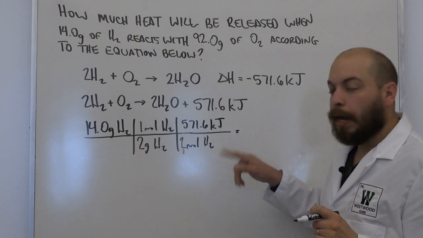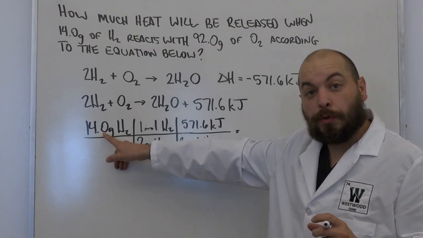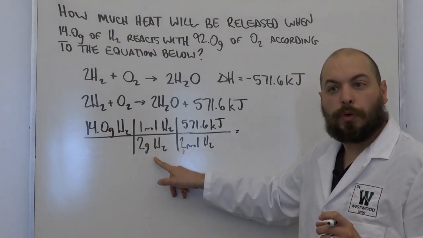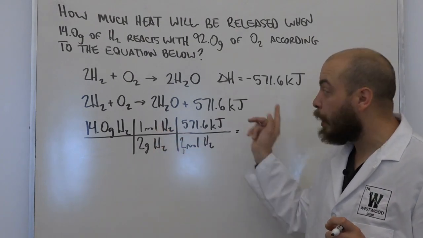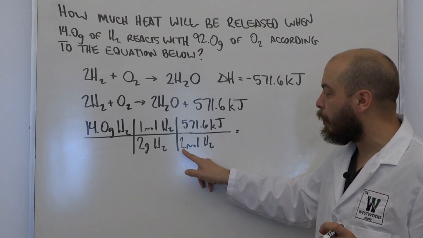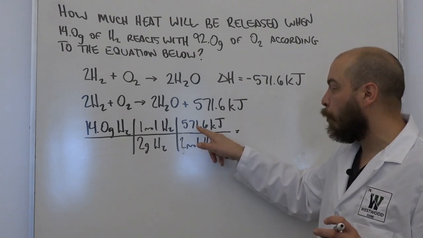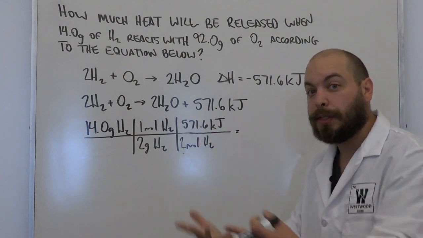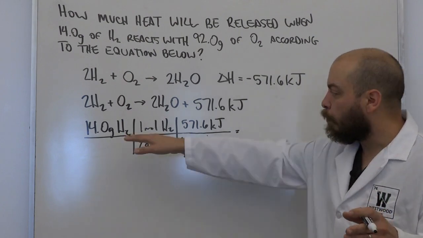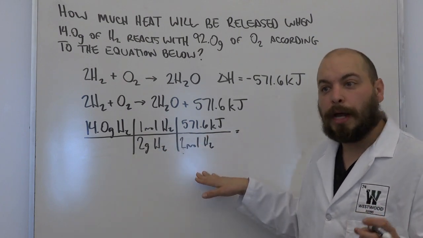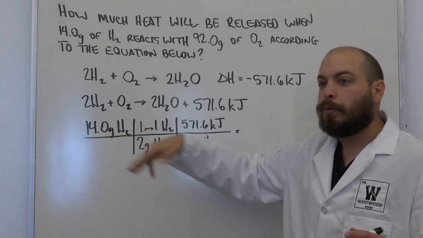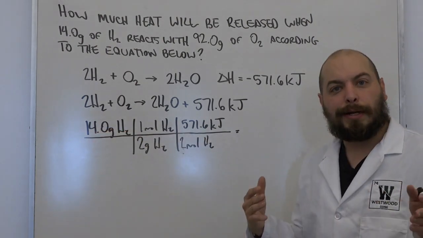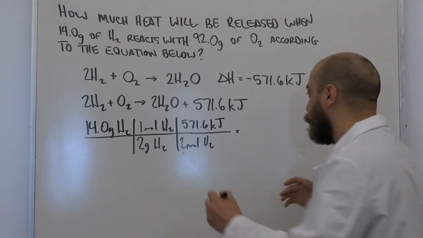So, for hydrogen, we've got 14 grams of hydrogen, 2 grams of hydrogen for every 1 mole of hydrogen, and based on our ratios here, 2 moles of hydrogen for every 571.6 kilojoules of energy released. So, we multiply across the top, we divide across the bottom, and we end up, if we were to react our hydrogen fully, releasing a total of 1,985 kilojoules of energy.